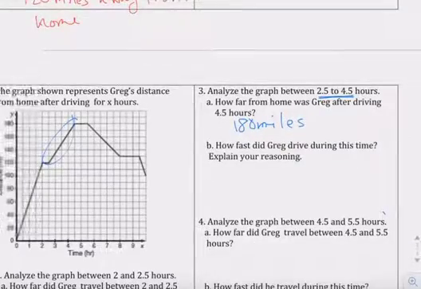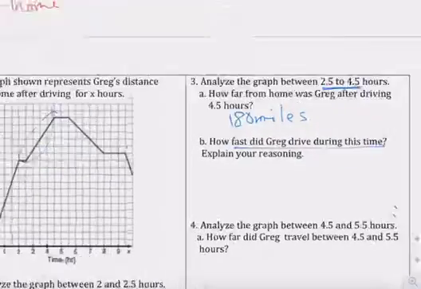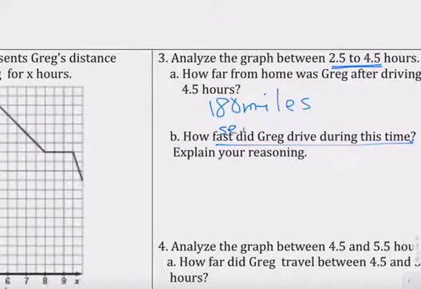How fast? We're finding speed, which is the rate of change during this time. He went from 2.5 to 4.5 hours.